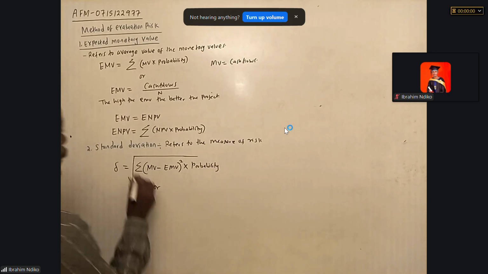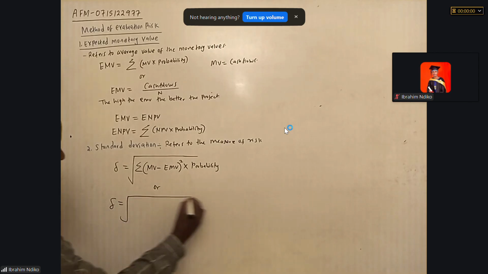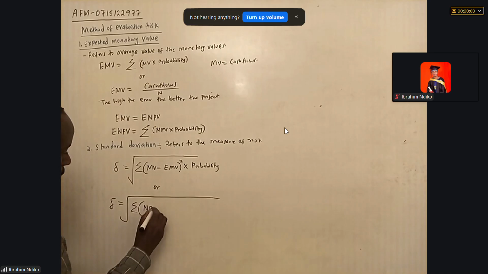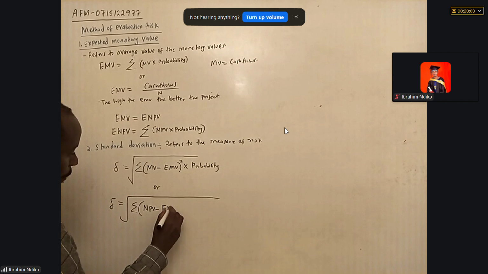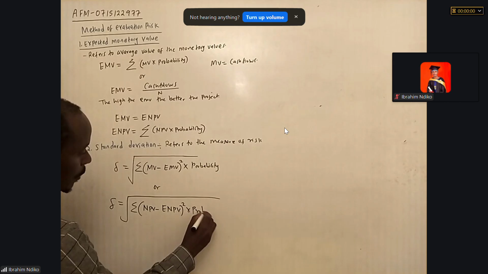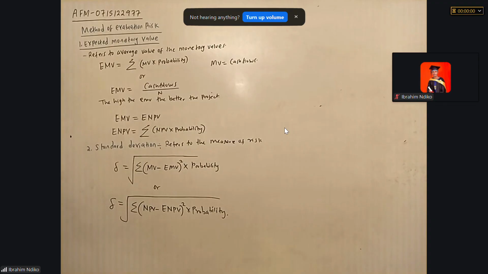Or if you're using NPV, the summation of NPV minus expected NPV, squared, times probability.